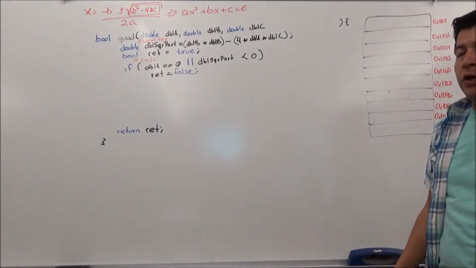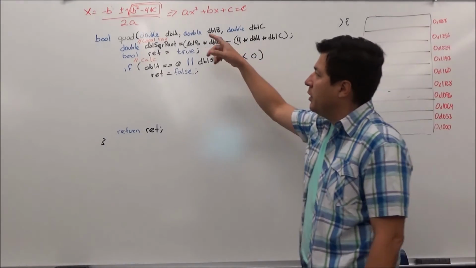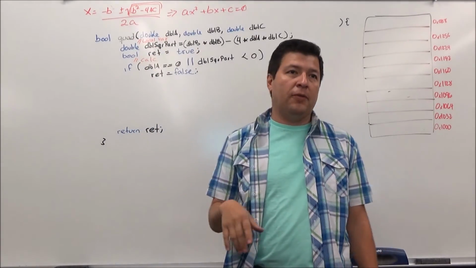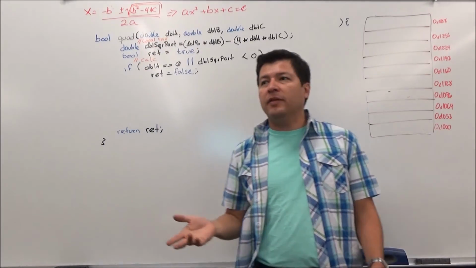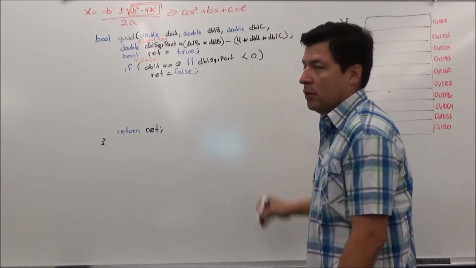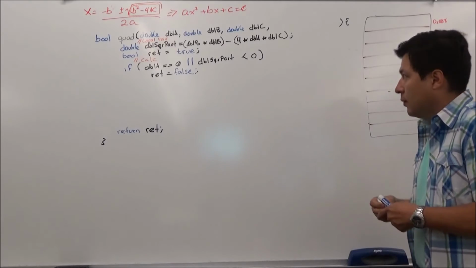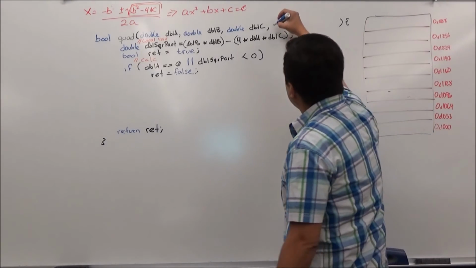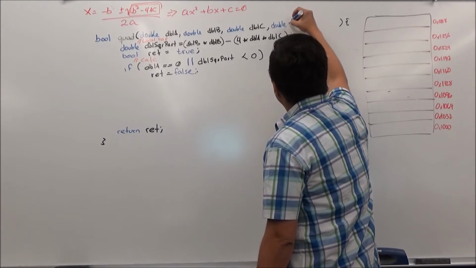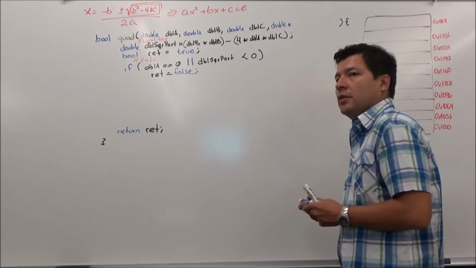Just because the quadratic formula uses 3 values doesn't mean your function has to use only 3 parameters. You can do as many as you want. So I'm going to add 2 more. And this time, I'm going to use pointers.